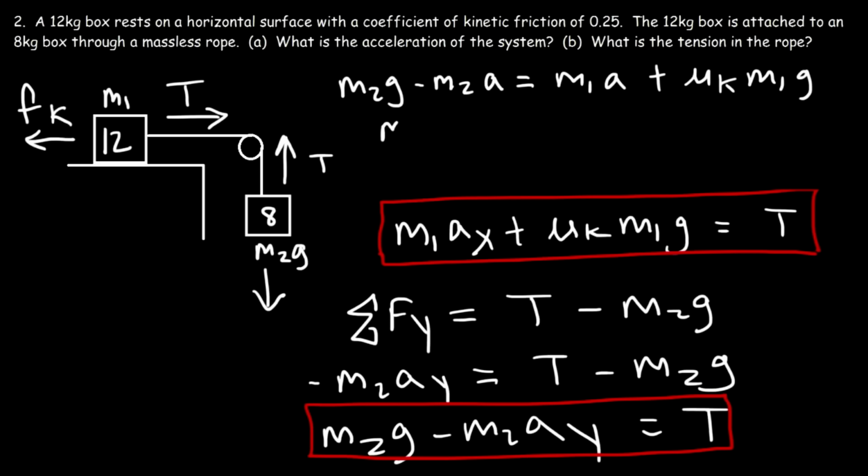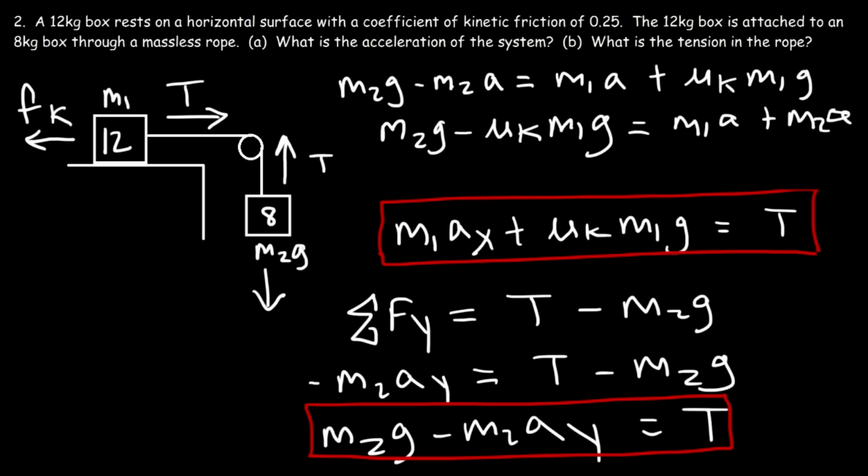So therefore, this is going to be m2g minus mu k m1g, and that's equal to m1a plus m2a. So now what we need to do at this point is factor out the acceleration. So it's m2g minus mu k m1g, and that's equal to a times m1 plus m2.